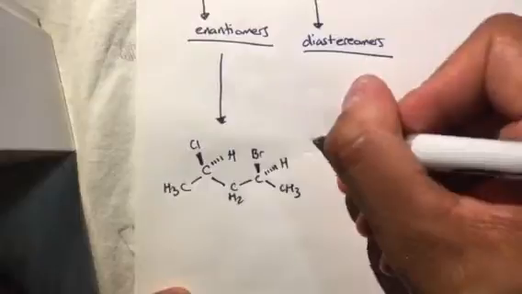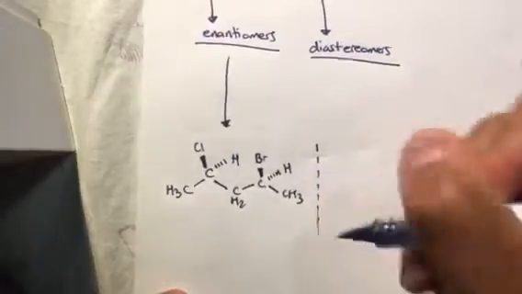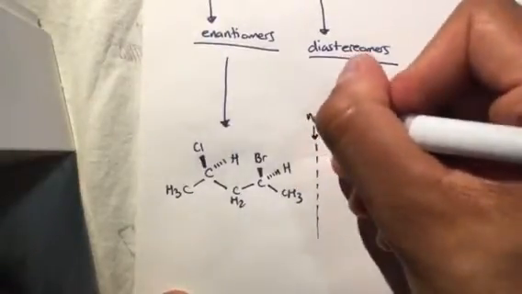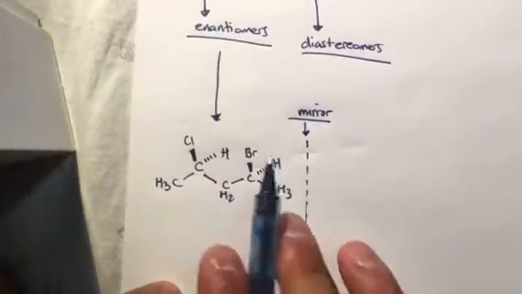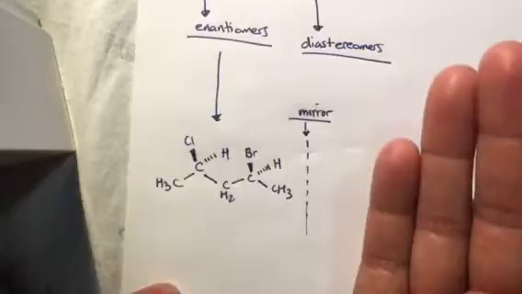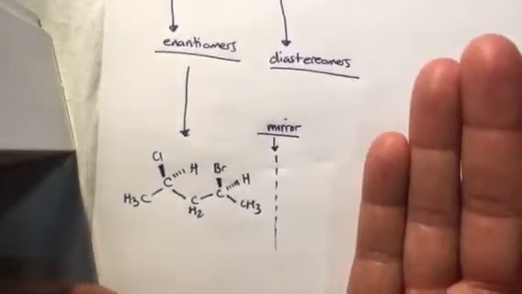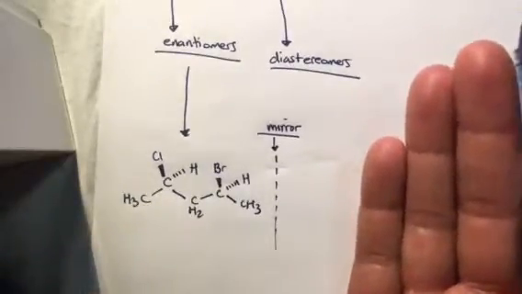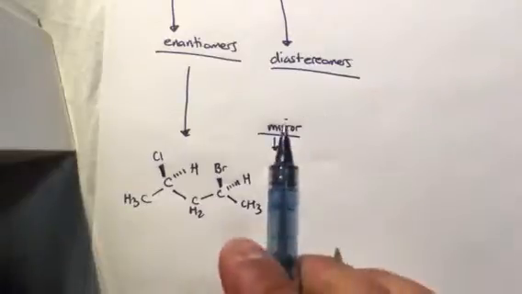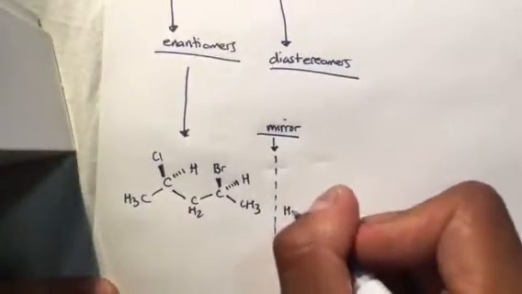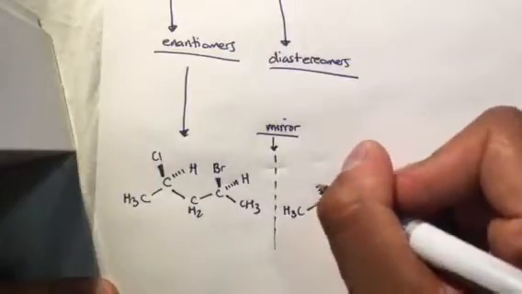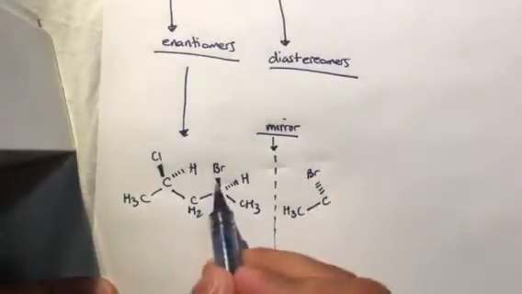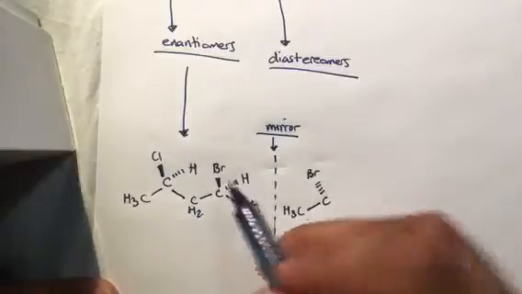So if I was to draw a mirror, imagine this is a mirror. Then if you were to take this and flip it, if it's an enantiomer, you will get the exact same thing. So if you flip this, you would get your CH3 right here. Remember, this is coming out, so if you flip it, it's going to go behind.